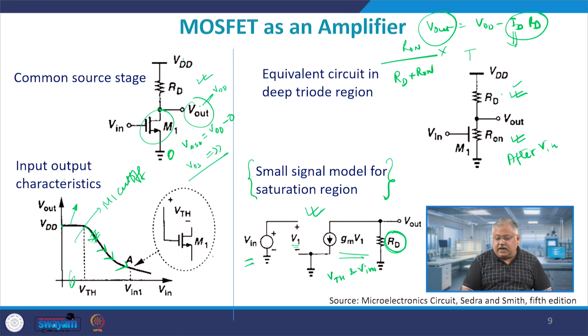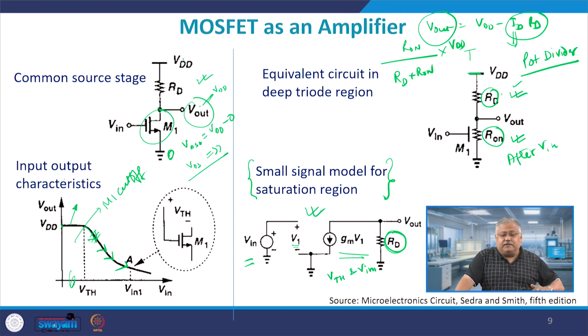So it is almost like a potential divider. VDD is being divided by RD and R on, and the effective value of V out in deep triode will be R on upon RD plus R on. It will be almost constant because RD is constant and R on is almost constant.